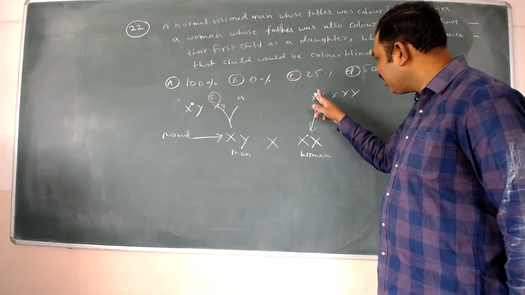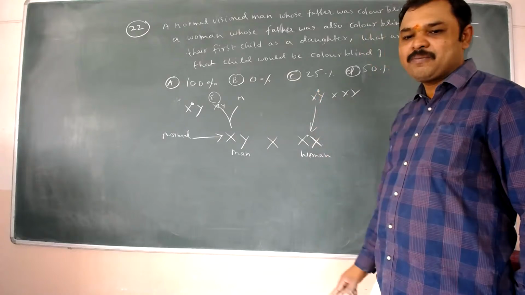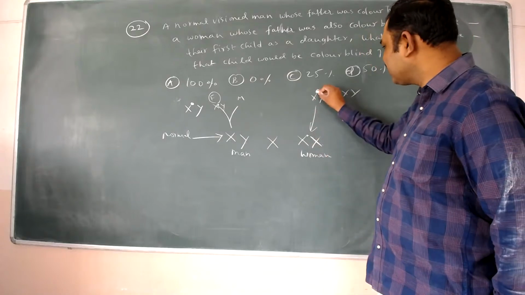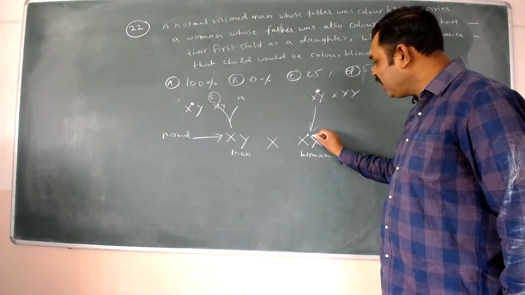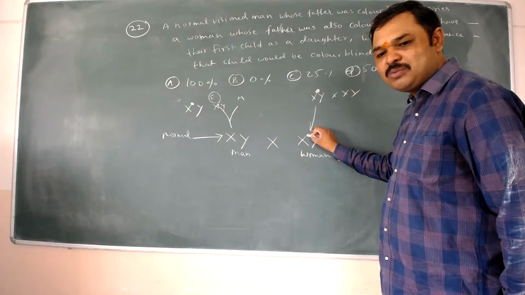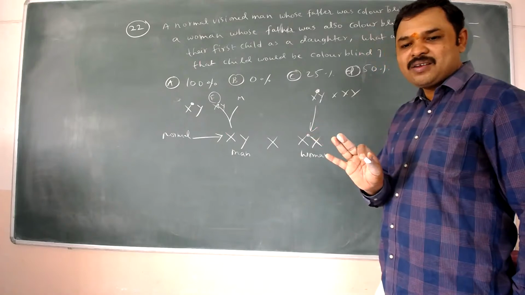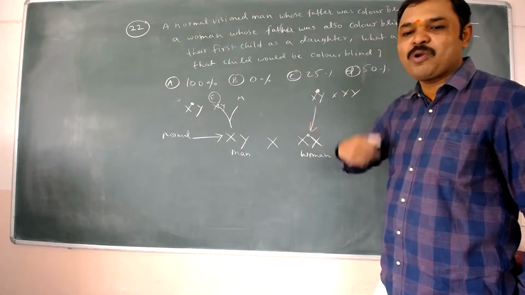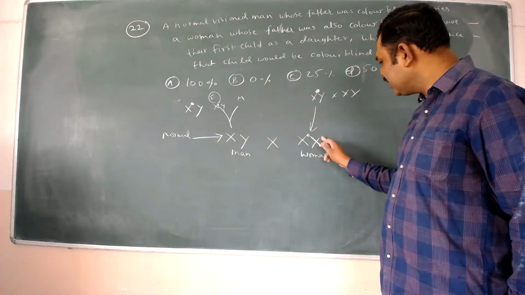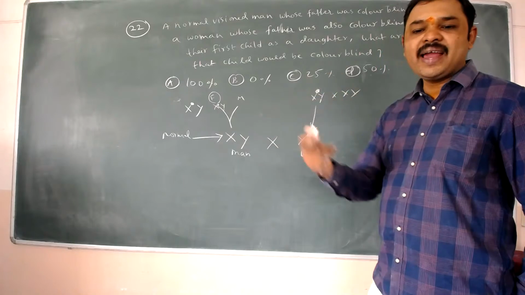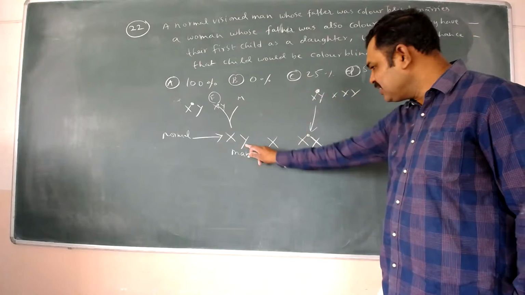Female children get the X chromosome from the father. So the father is affected, and the affected gene is coming to the woman. But only one X chromosome is affected, so no problem: the problematic gene is there, but the problem does not express. It is recessive. When both X's have the defective gene, the character can be expressed.